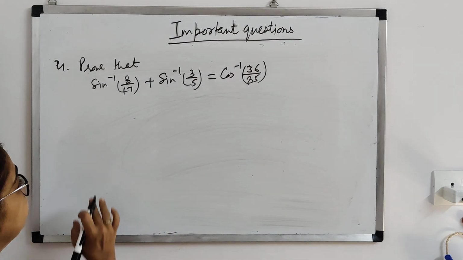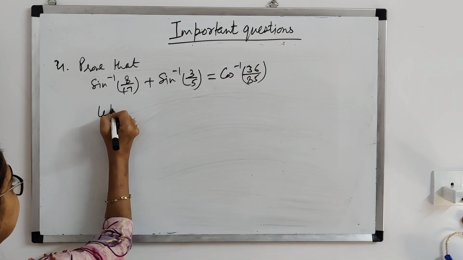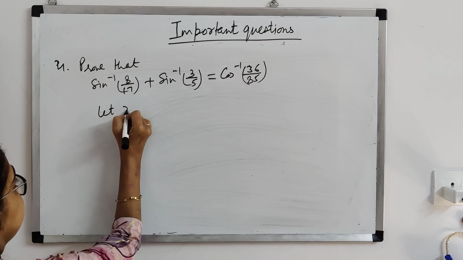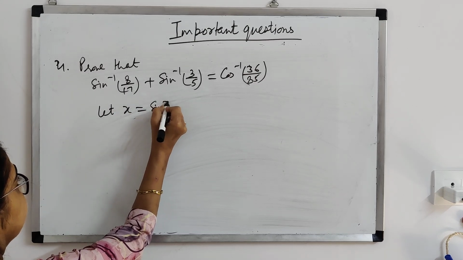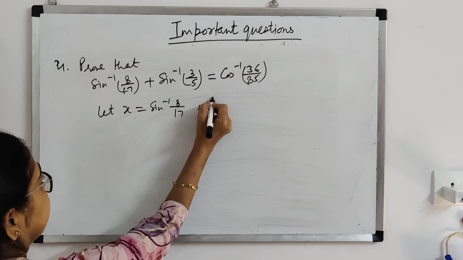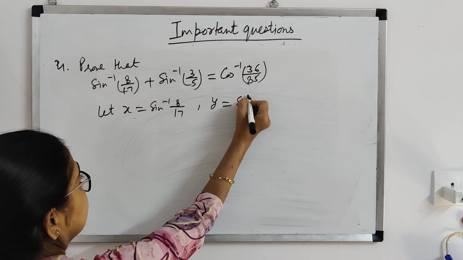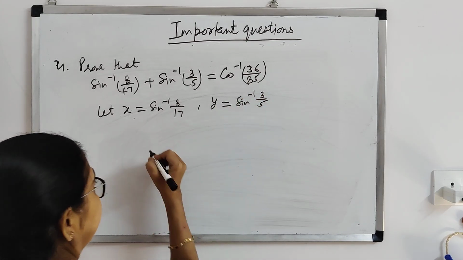So how do we prove it? How do we proceed with this type of question? Let x is equal to sine inverse 8/17 and y is equal to sine inverse 3/5.